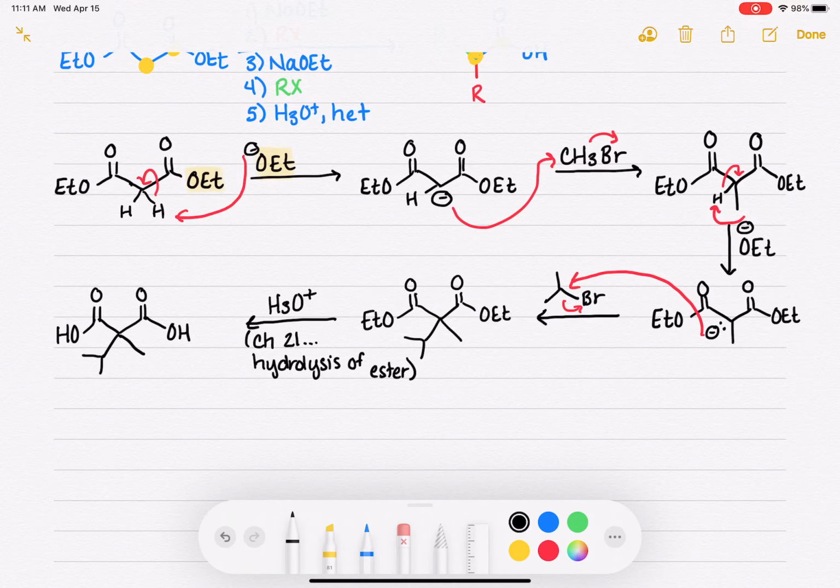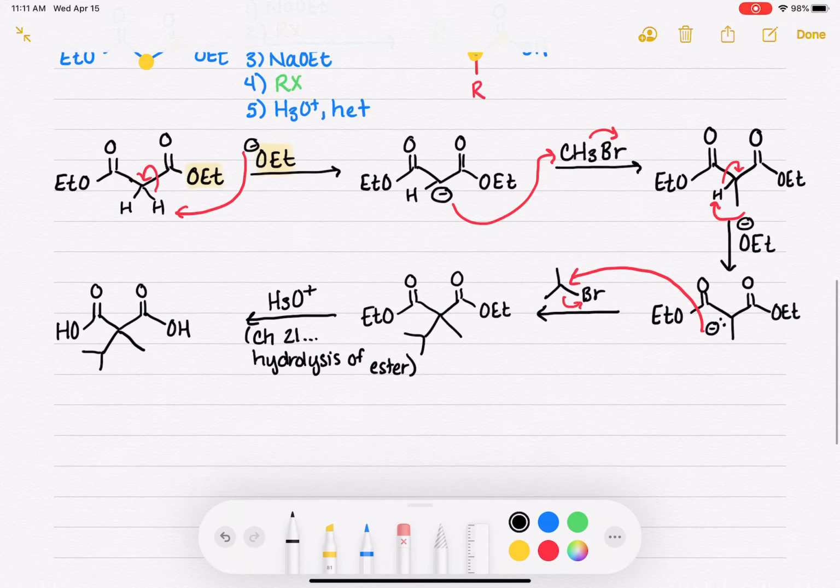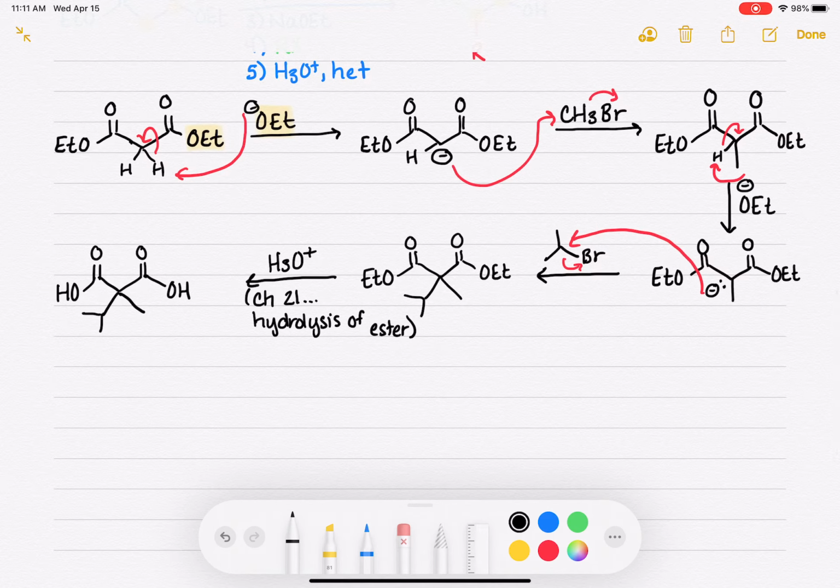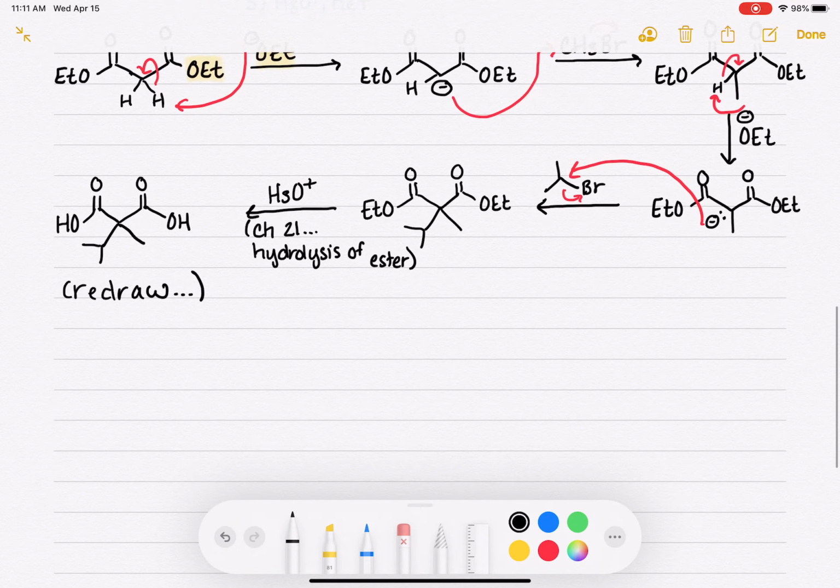Now, what happens next is something that's super magical and awesome. And in order for us to visualize the next thing that happens, what I'm going to do is redraw this dicarboxylic acid. So all I'm doing is redrawing it, and I'm redrawing it because it's going to make it easier for us to visualize.